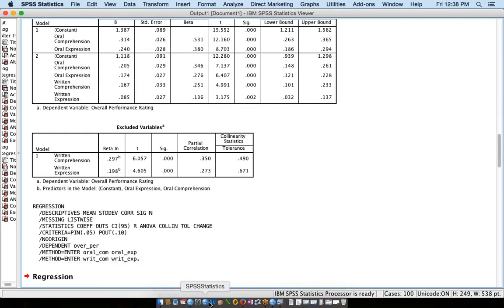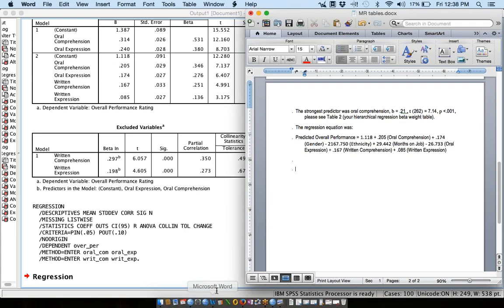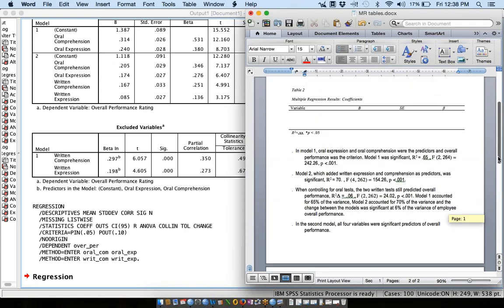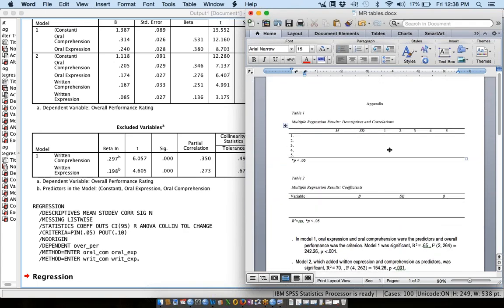Now, after you've done your write-up, you're going to enter your variable names here. Actually, you would probably go in order. Oral comprehension.